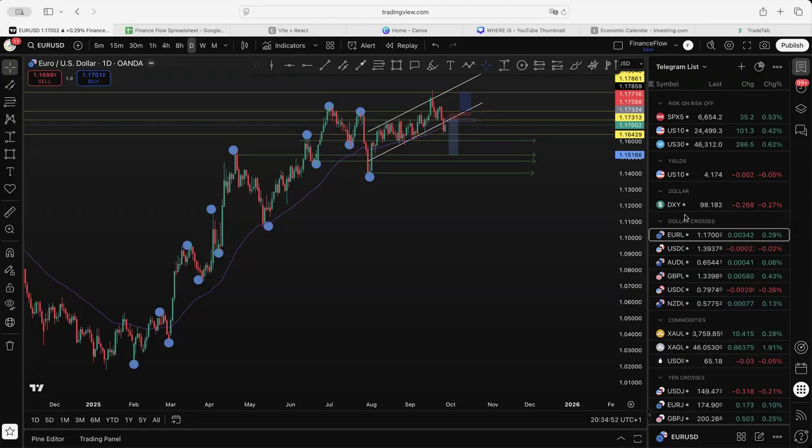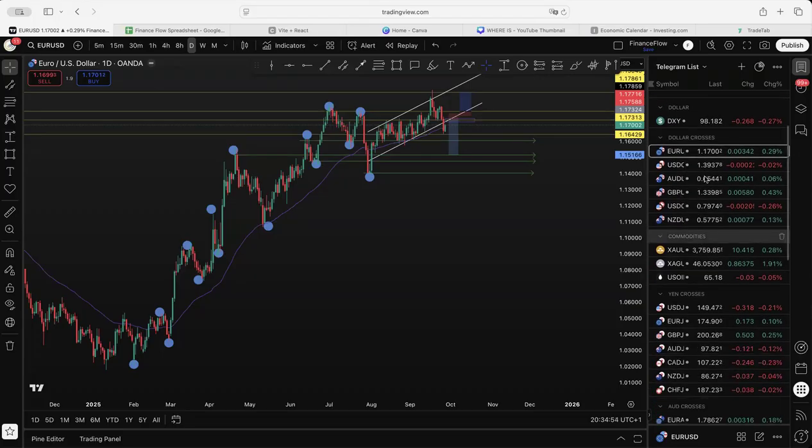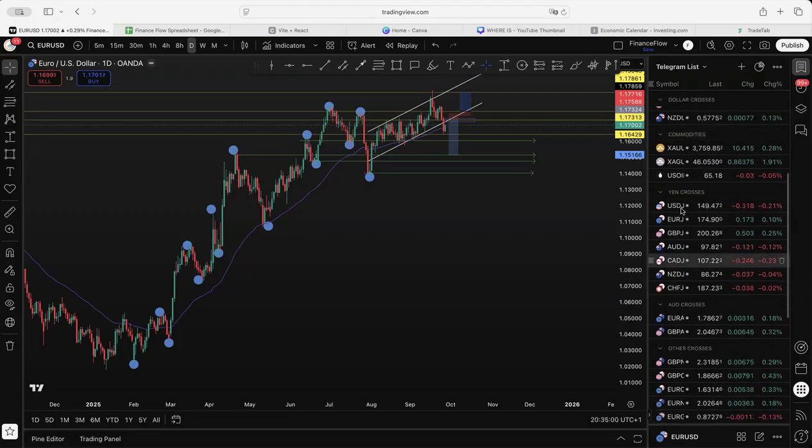I've got yields, the dollar, dollar crosses. You obviously can't have all of them in multiple, so the only one where I've got all of them in is yen. What this helps me do is very quickly identify what is potentially stronger, and what is potentially weaker.